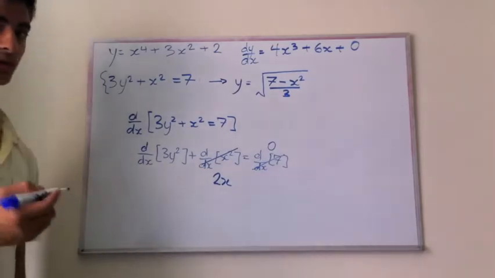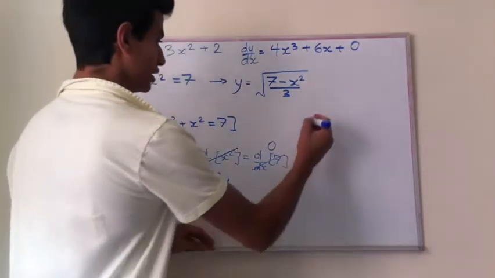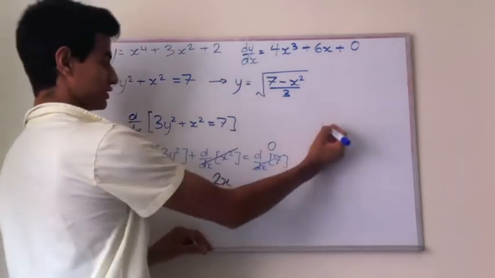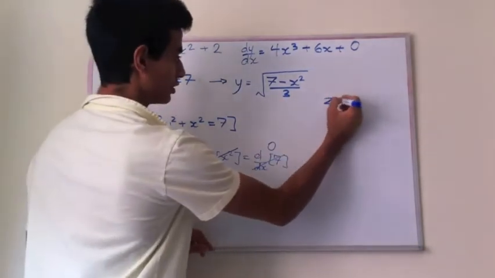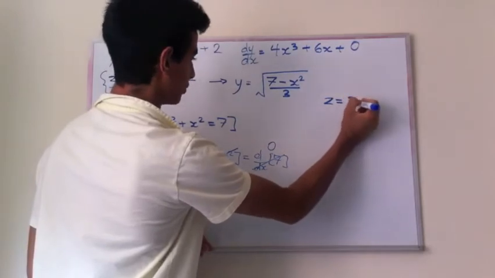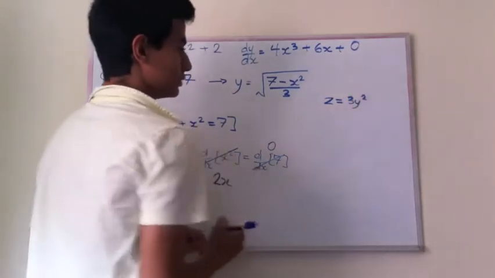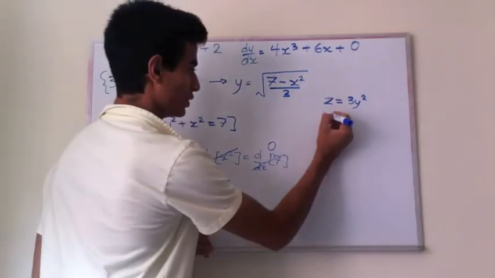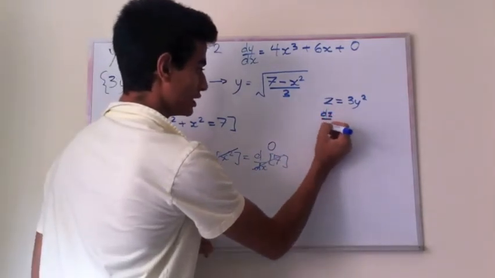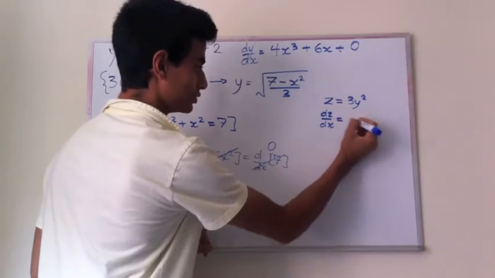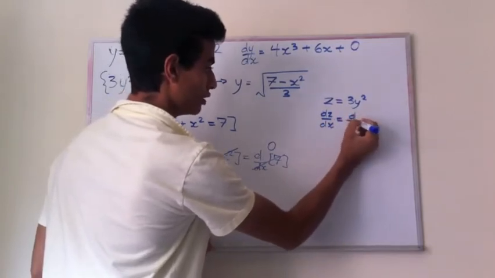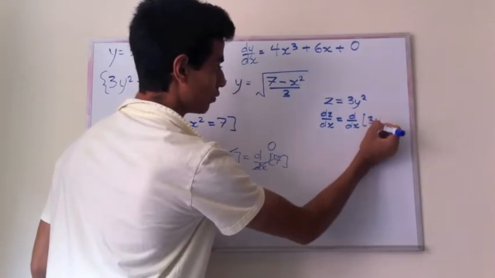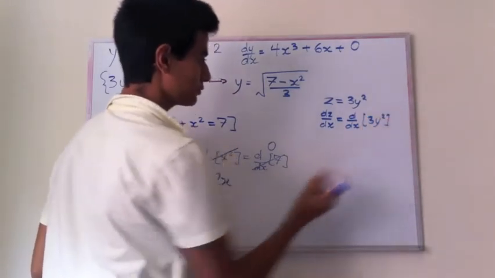And this is where the chain rule becomes involved. Say we define 3y squared as some variable z. So we can call z equal to 3y squared. So now if we differentiate both sides with respect to x, we get that dz over dx is equal to d over dx of 3y squared.